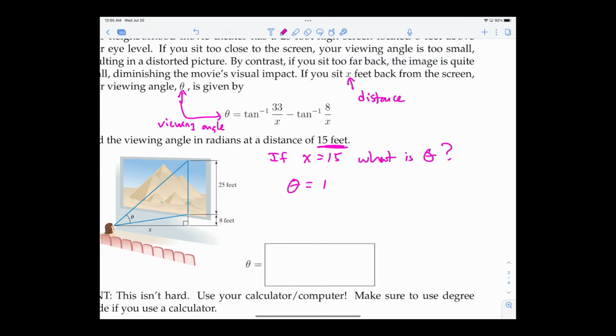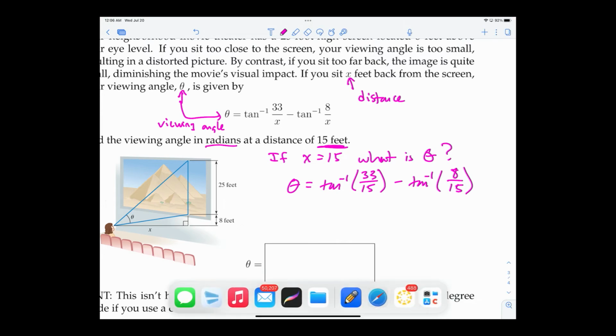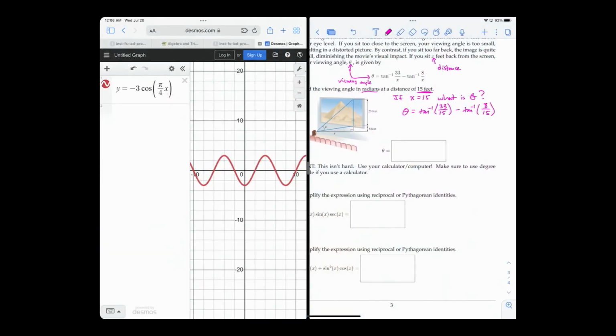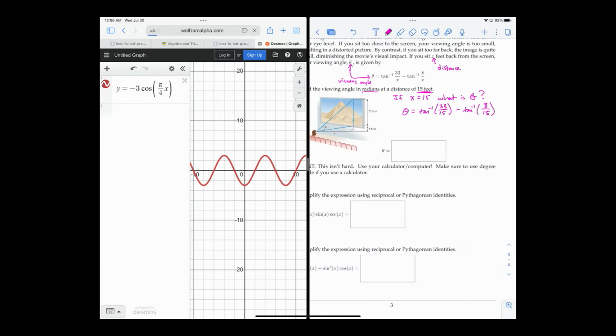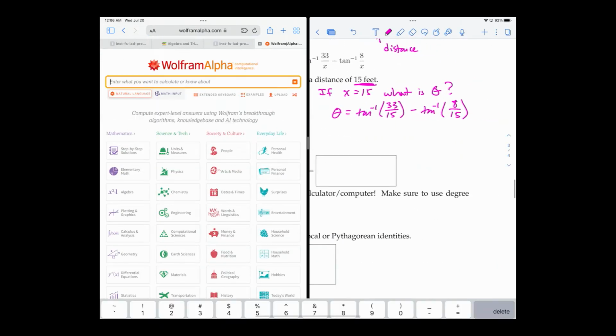So theta will be tan inverse of 33 over 15 minus tan inverse of 8 over 15. And then you just have to punch that into a calculator. They say radians, so make sure you're in radian mode. Or if you're using a computer, make sure your computer is calculating what you mean to calculate. So we'll go to Wolfram Alpha, and we just type it in.